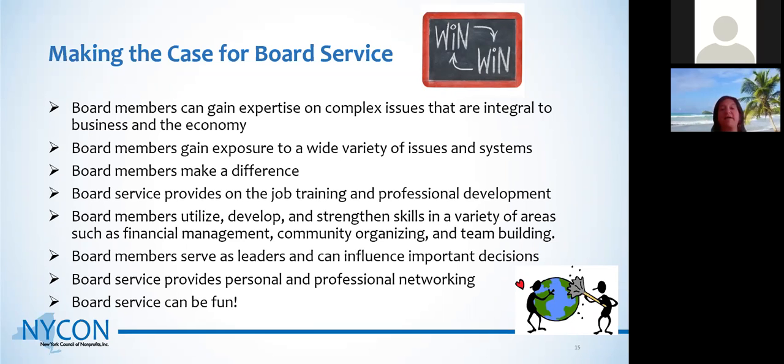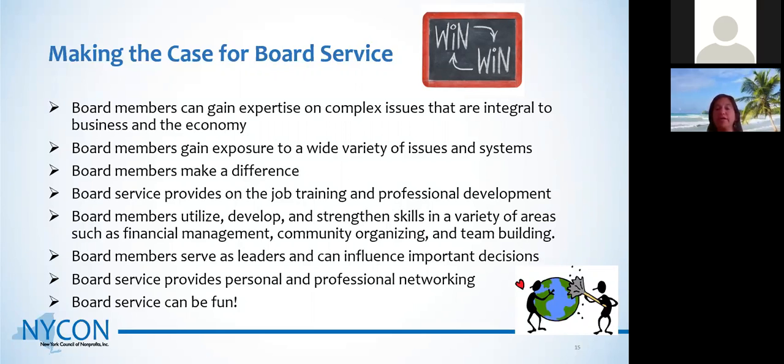All of this provides great opportunities for on-the-job training, professional development, conflict resolution, understanding how to make formal decisions, learning how to develop a budget, how to monitor a budget, how to read a balance sheet. All of these are incredibly powerful skill sets that you don't usually get as a complete package.